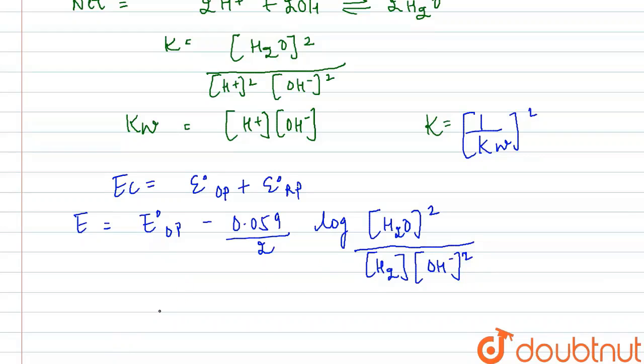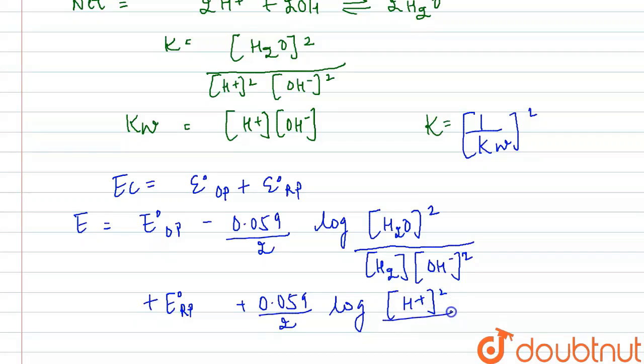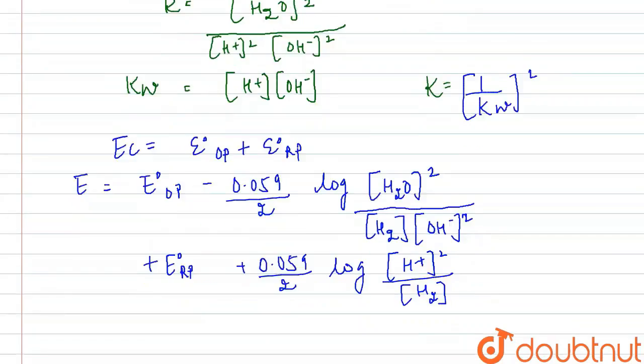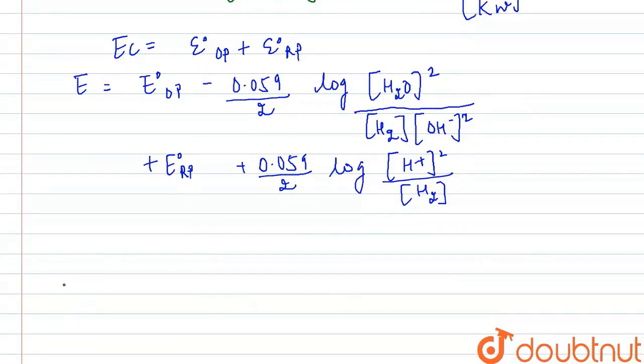And you have to add the reduction potential values here also. So it will become equal to E naught reduction potential plus 0.059 divided by 2 log, and then write down the value of H plus 2 divided by H2. This is from the reduction and oxidation reactions of anode and cathode that we are calculating E cell.